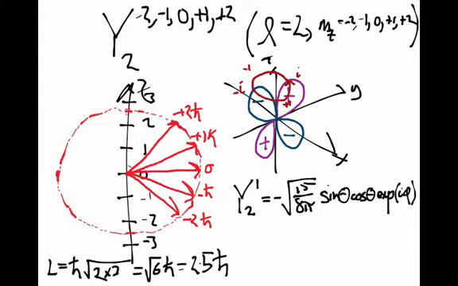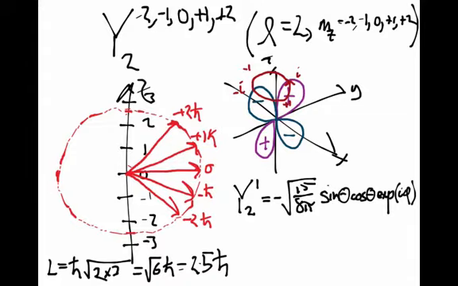So we flip the sign by spinning halfway around the circle using phi to do our little spinning. And that's how you basically change sign on those lobes there.